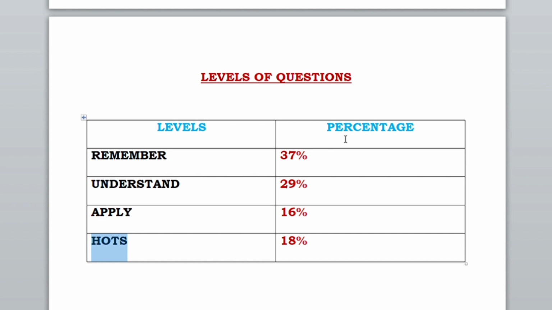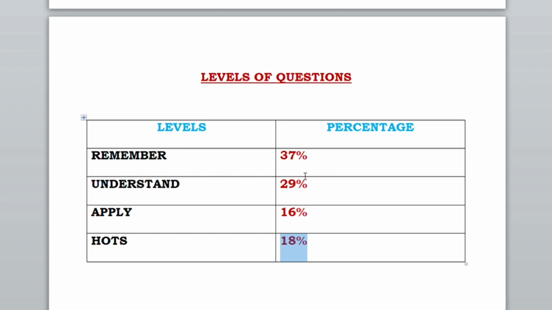Say in model paper 1 it may be 36%, in model paper 2 it may be 35%, in model paper 3 it may be 37%. Slight variation in the percentage. Understand level questions will be 29%, application level will be 16%, and HOTS, that is higher order thinking questions, will be 18%. So totally 100%.